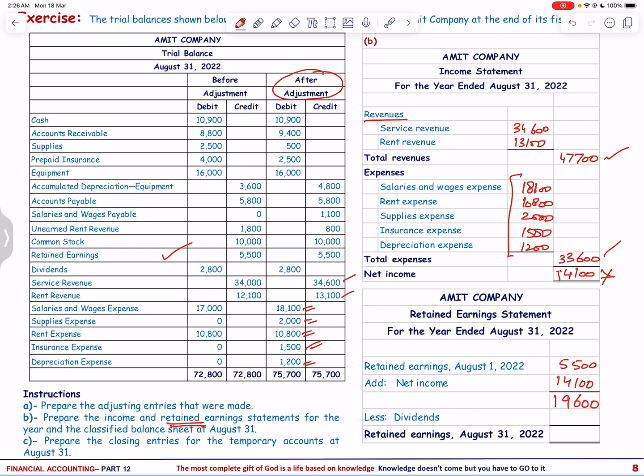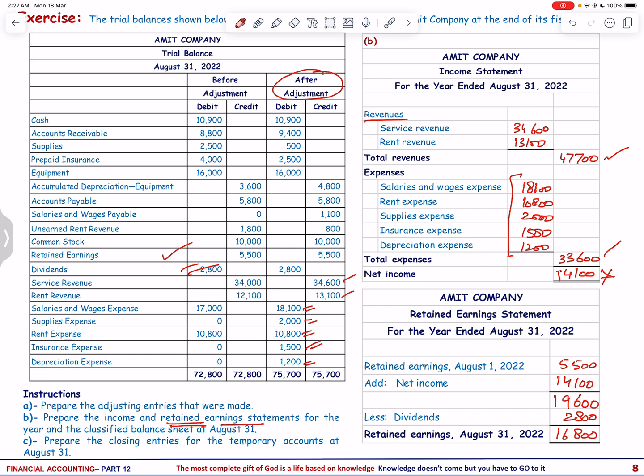So the retained earning is going to be 16,800. So we have prepared the retained earning statement, and we have to prepare a classified balance sheet. So let us see how we do that.